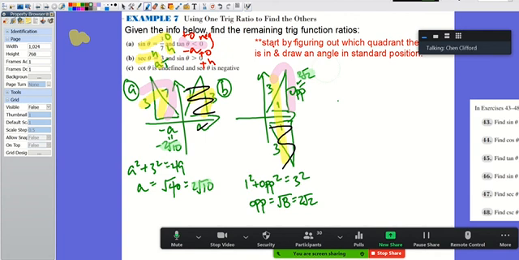And don't forget to set up the remaining trig functions. So for example, let's do B for the remaining trig functions.